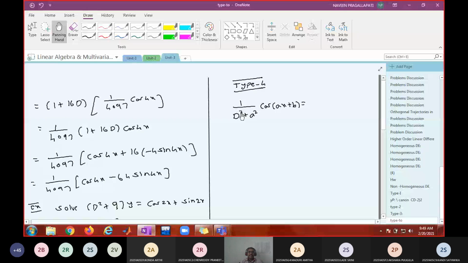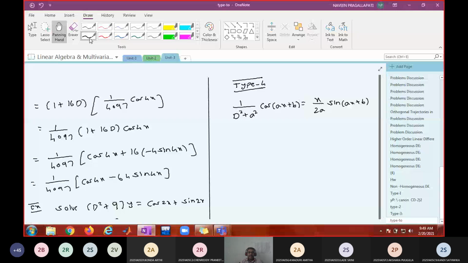So minus a square plus a square is 0. In that case, 1 by d square plus a square cos ax plus b is x by 2a sin of ax plus b. In this case, cos becomes sin. In type 3, cos becomes cos only. In type 4, cos becomes sin.